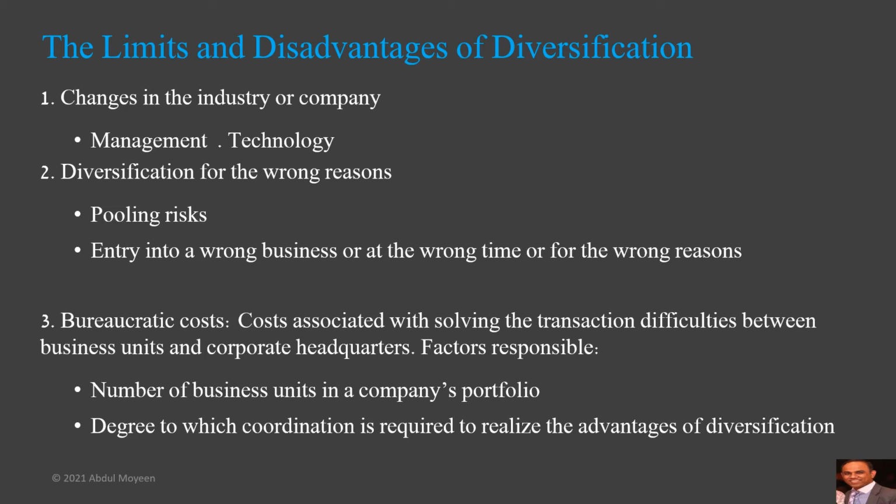And second, the degree to which coordination is required between these different business units to realize the advantage of diversification. If we need more coordination because all these businesses are different, then this bureaucratic cost would be really high. Sometimes in some conglomerates, the headquarters often has hundreds of management people responsible for the coordination of all the business units, and that increases the company's cost.